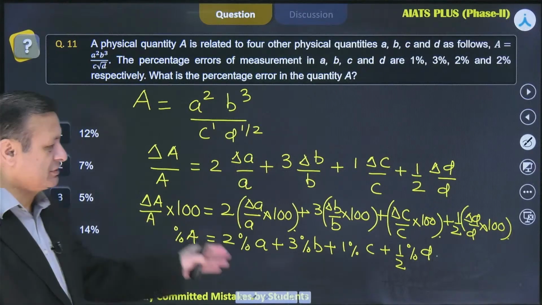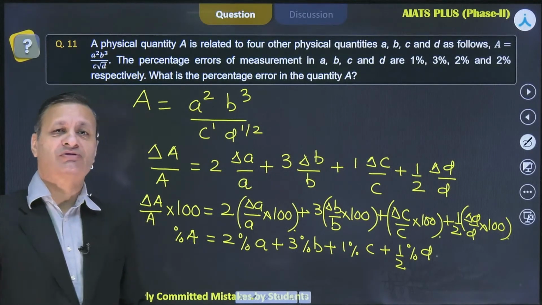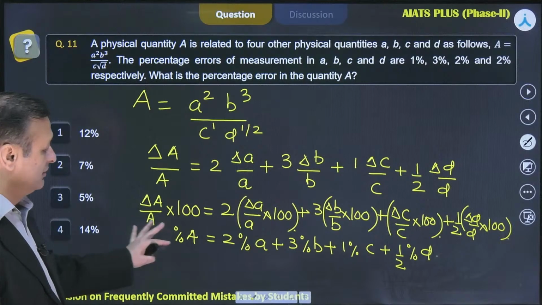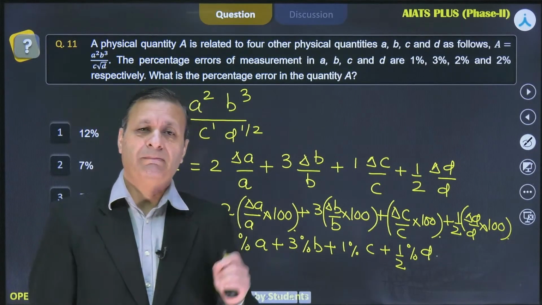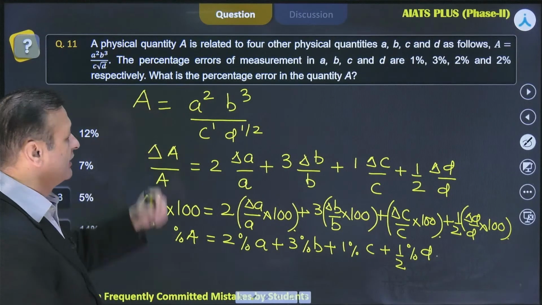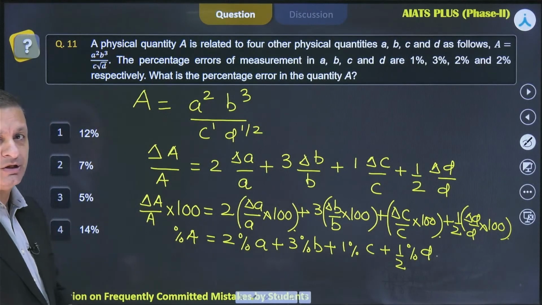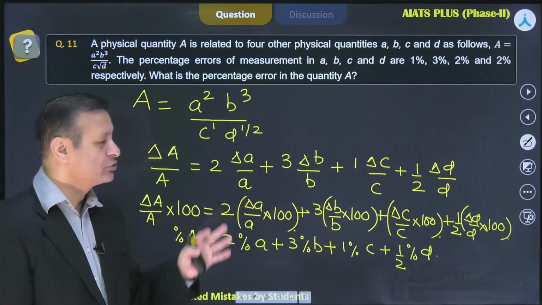This becomes a standardized formula in terms of percentage error, and this way we end up with the maximum error in physical quantity capital A. I hope we have understood this much.